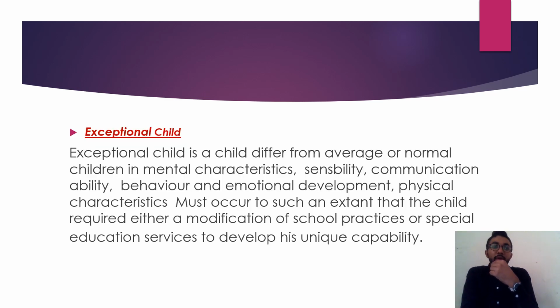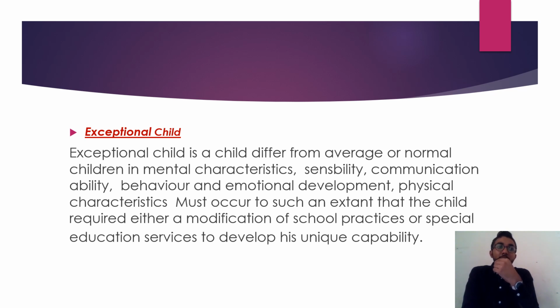And at the end, I'm going to talk about the exceptional child. An exceptional child differs from the normal and average in society to such an extent that he needs special education, guidance and counseling.